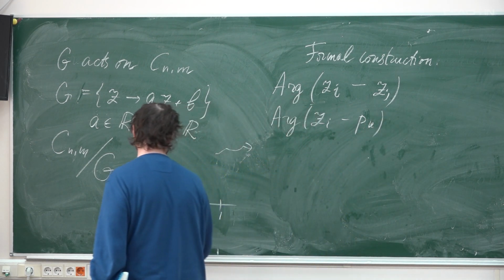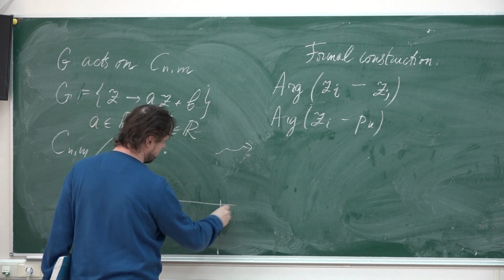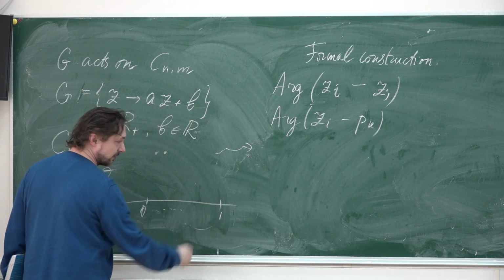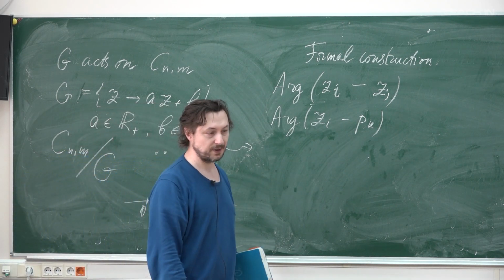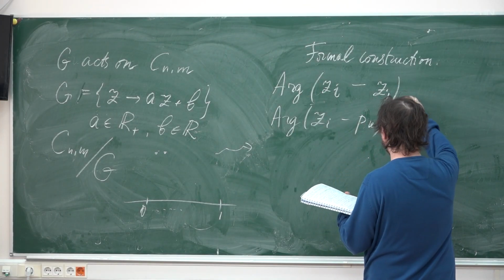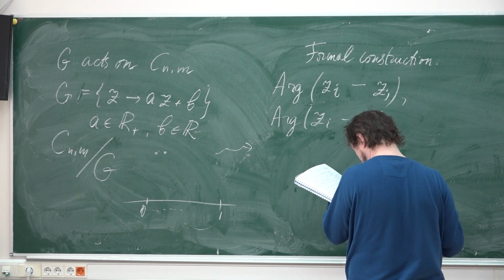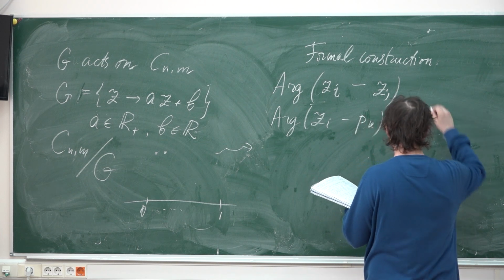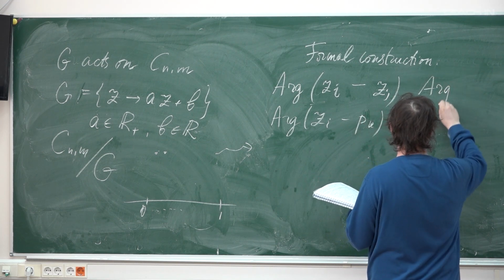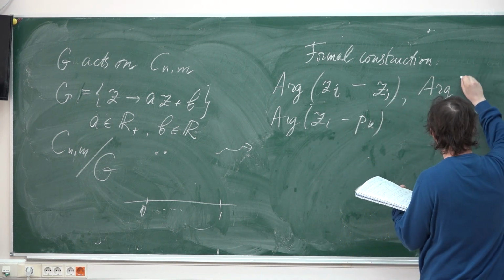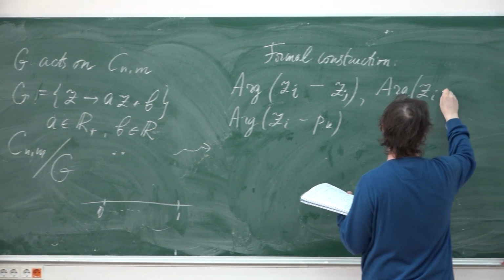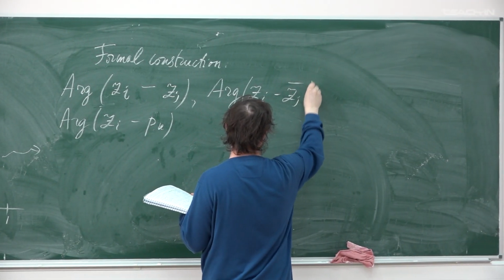Let me recall that P1 through Pn are points on the straight line. So I need to add just one more thing, it turns out. I need to consider the angle between Zi and Zj bar.